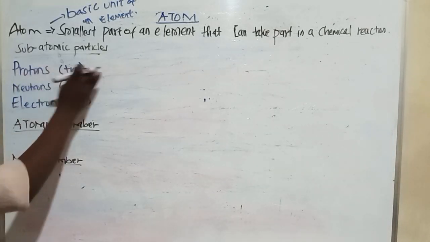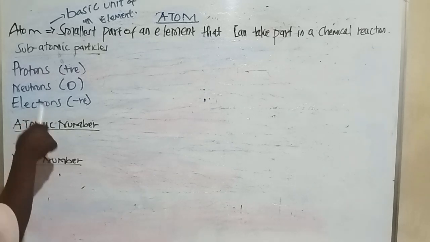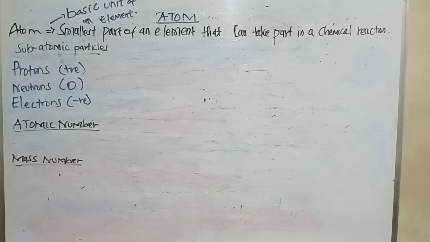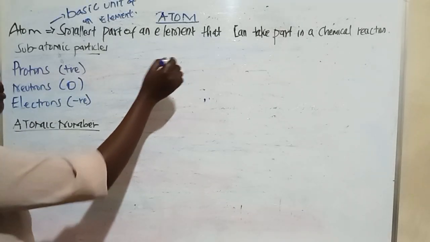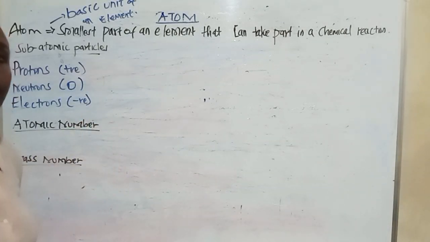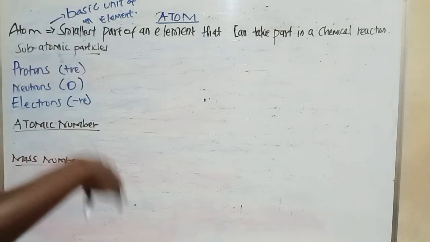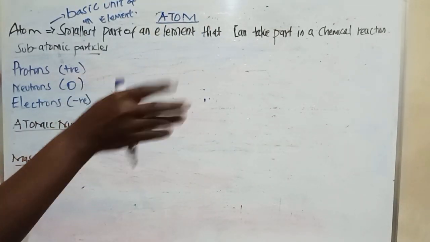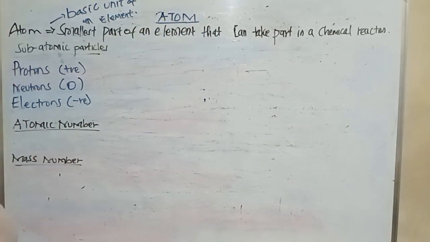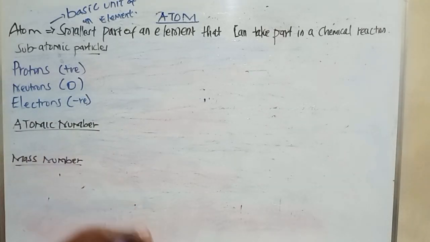Protons are positive in charge, neutrons are neutral, meaning they lack a charge, while electrons are negatively charged. Now, this is how the structure of an atom looks. An atom has two main parts: the innermost part, which is the nucleus, and an outer region that surrounds the nucleus, which is what you call an electron cloud or an energy level.